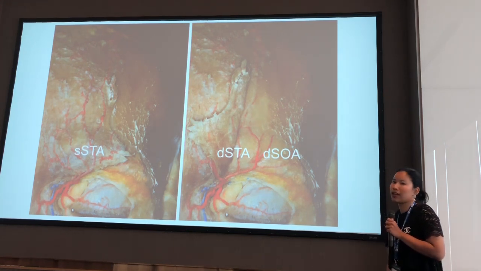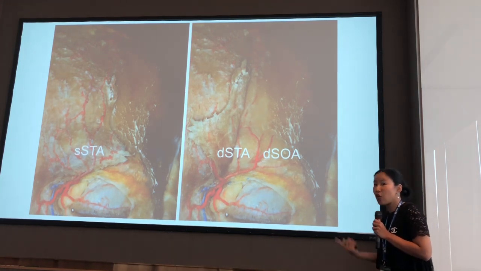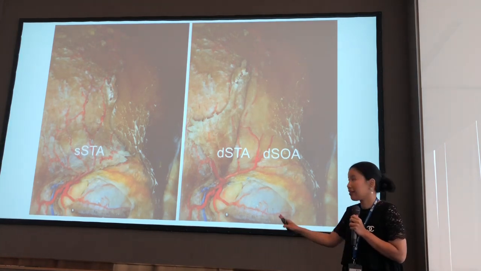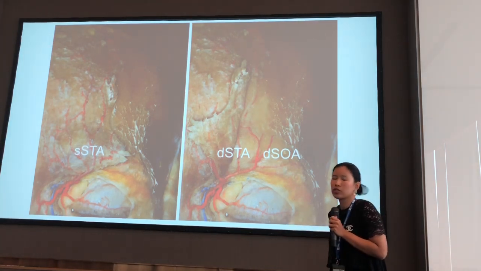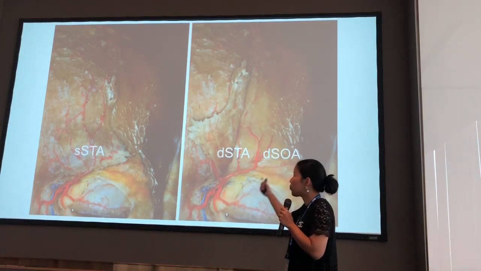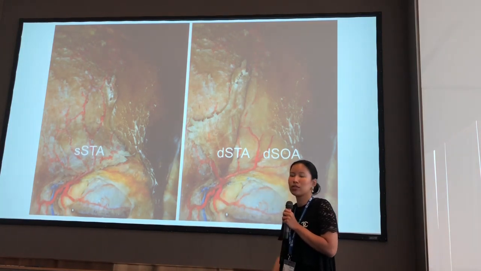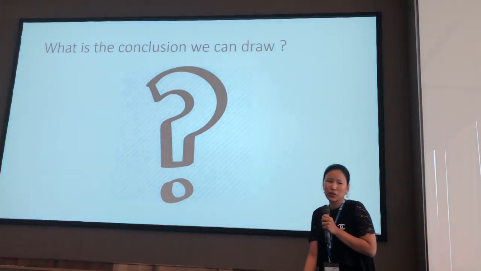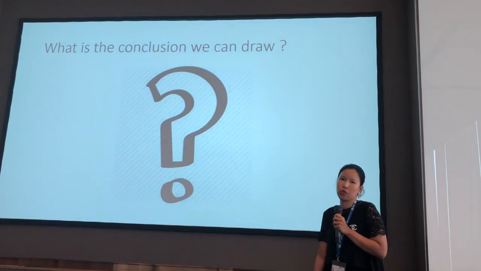So what does it mean? It's overlapping. So actually, in this area, there's no 100% safe zone. The area that is said to have no deep vessel can still overlap with the superficial vessel. No safe zone. So this is the conclusion that we can draw.